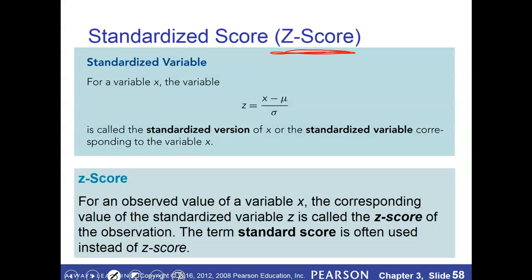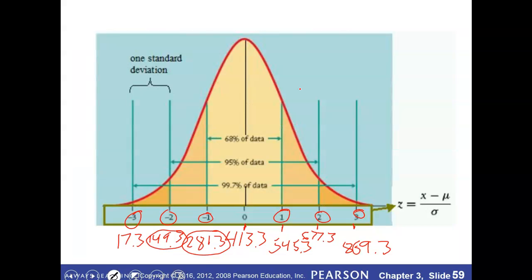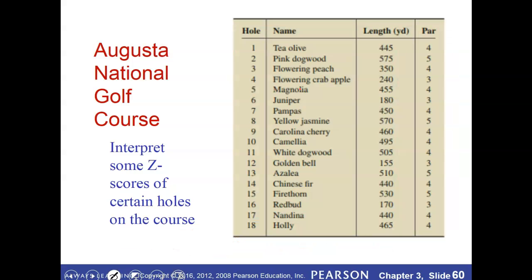Here's a formula that you really need to put in your notes, because this is how we find the z-score for any value. We can find the z-scores that are exactly at 1, 2, and 3 by looking at a table and just adding the standard deviation. Well, how would we find the z-score for something like hole number 1?